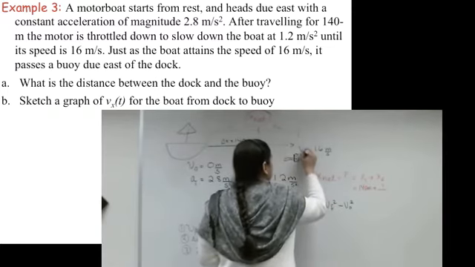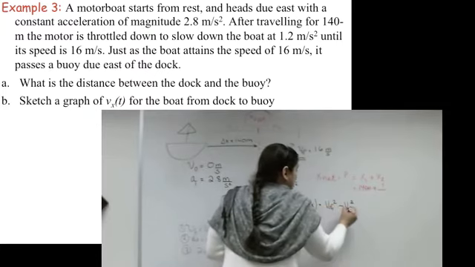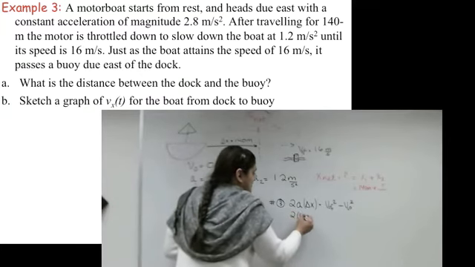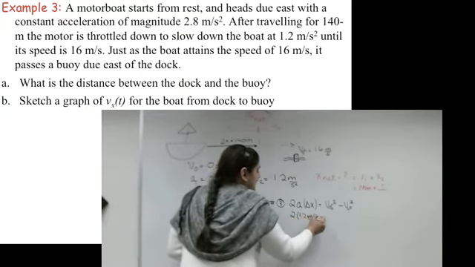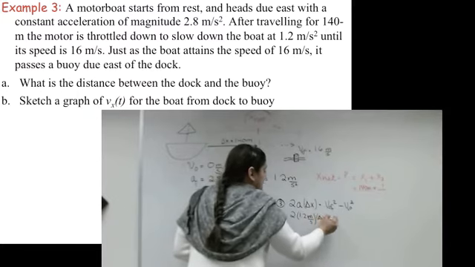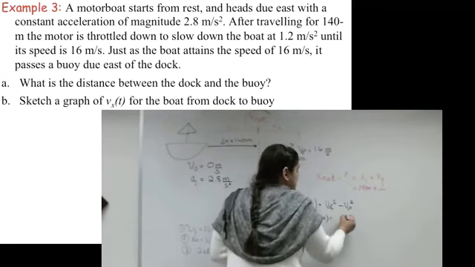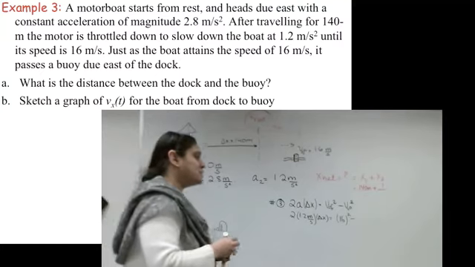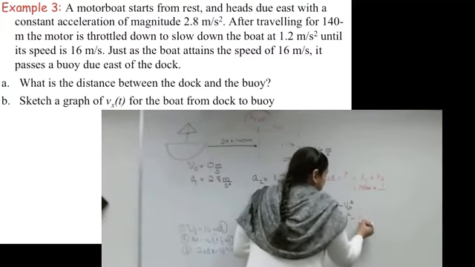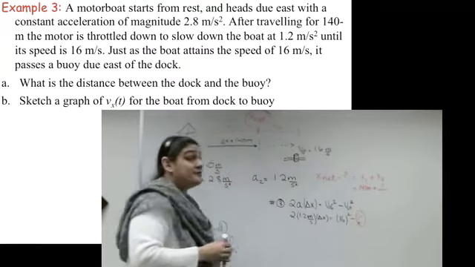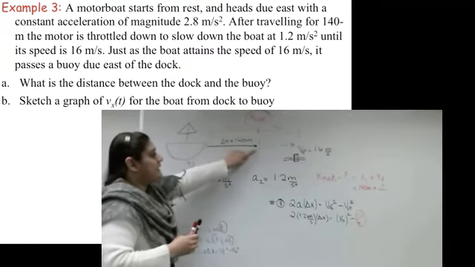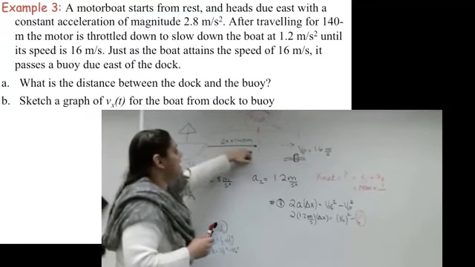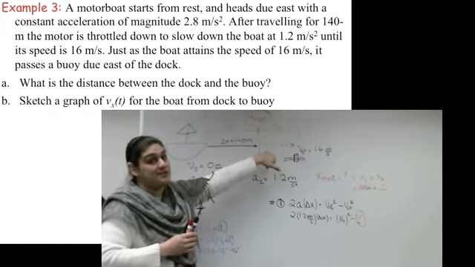Let's call it 2 and 2. I know that my acceleration is 1.2 meters per second squared. Delta x is what I'm looking for. Given that this is 16 squared, I run into trouble because I don't quite know what V20 is. So here's my problem. Now how do I find that? Note very carefully, the final velocity from this leg has to be the initial velocity for the second leg.